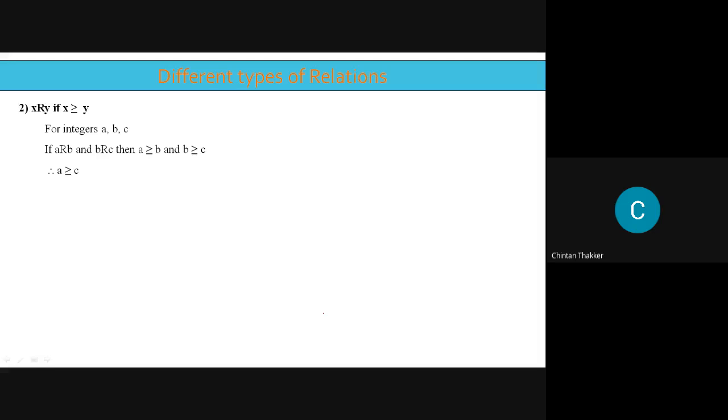So A is related to C. Sorry, not B, A is related to C. So we have R is a transitive relation on Z. Now check for this one. Is this transitive or not? Check whether this is transitive or not.